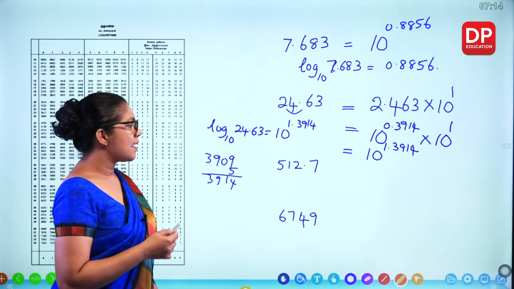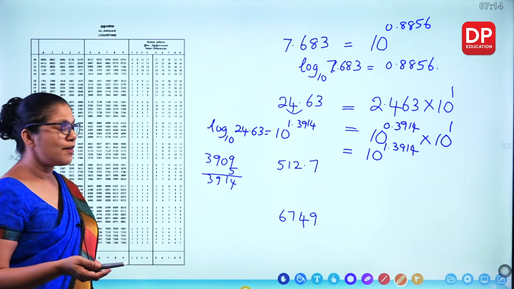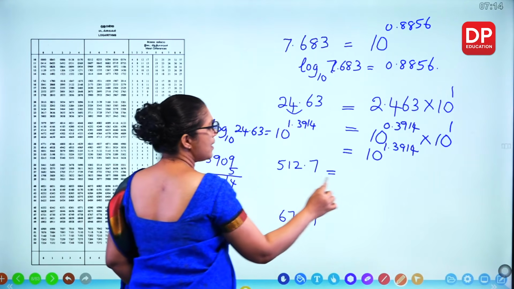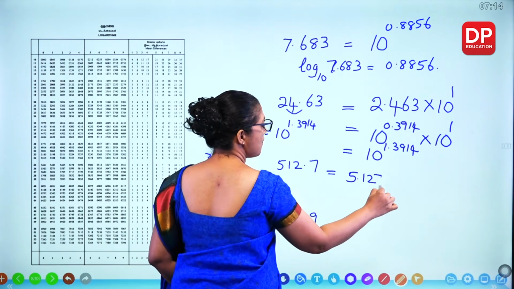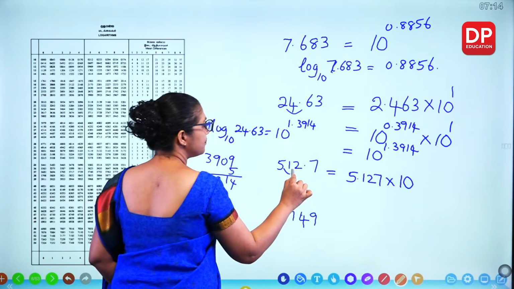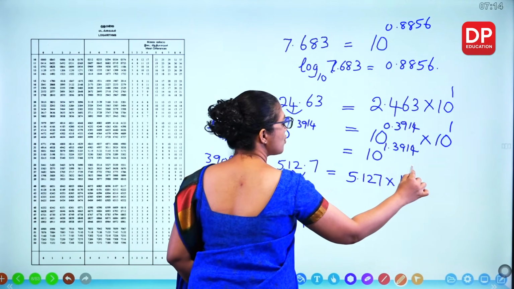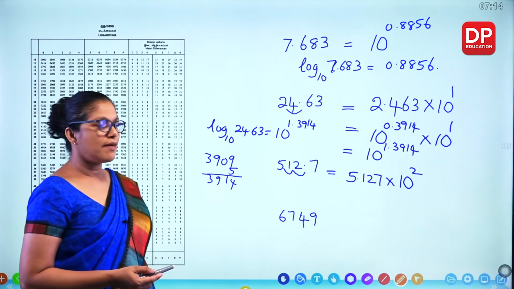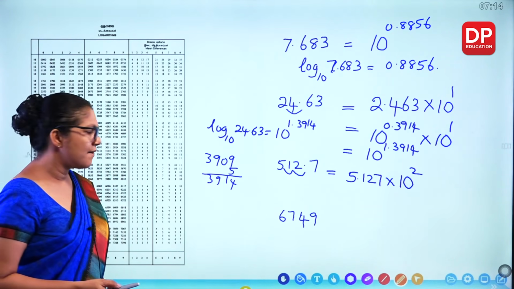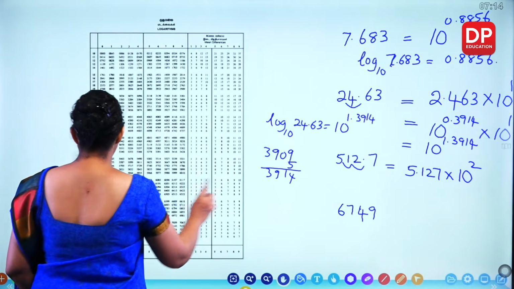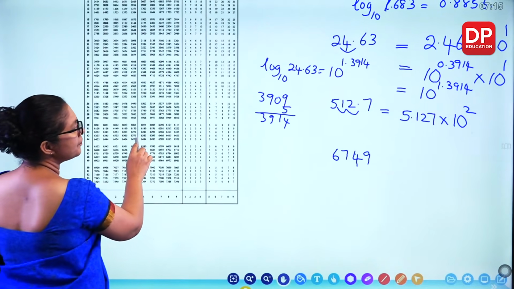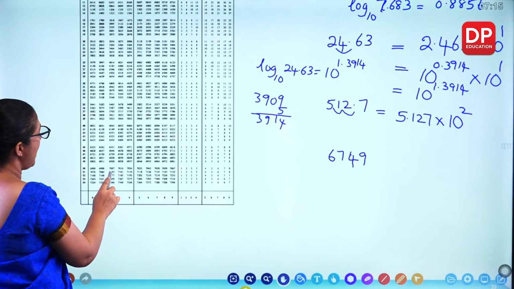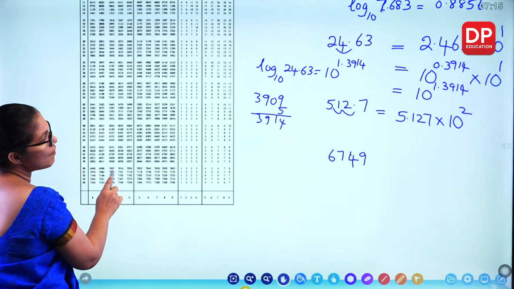Now look at this number 512. You can't refer from the table. Convert to scientific notation. What's the number? 5.127, 10 to the power 2. Now refer the table for 5.127. 5127 from the first one. 51, 2 is here, and what's the next number? 7.